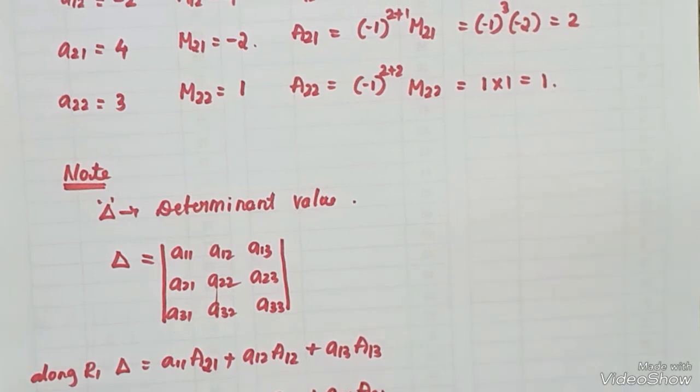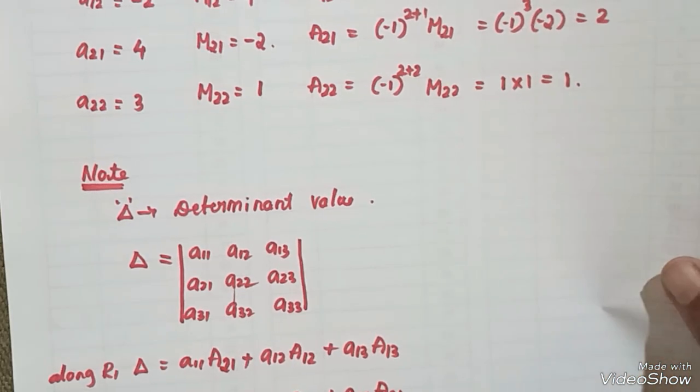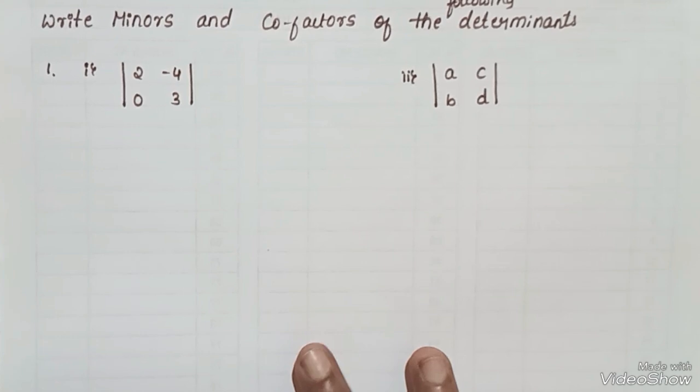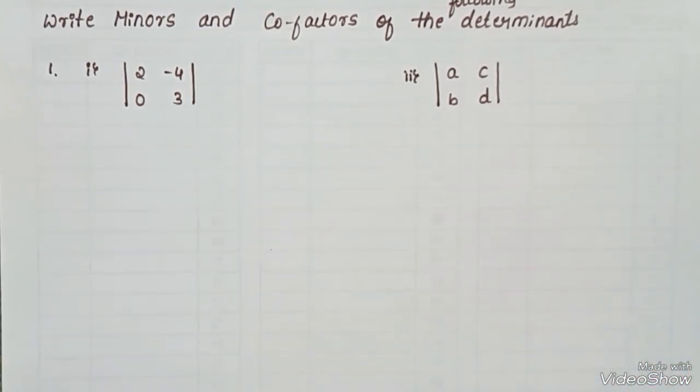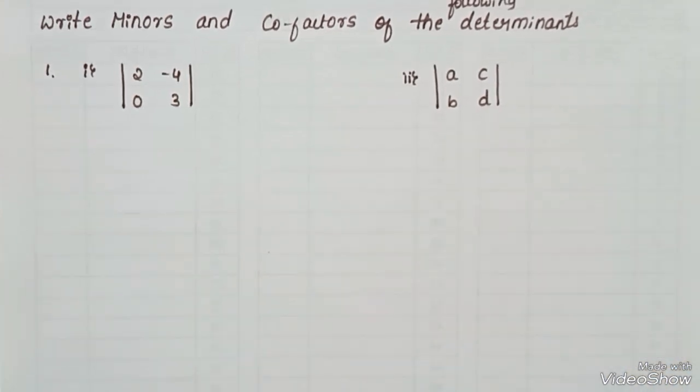This is the delta value, and this is also one of the important remarks and note points. Here there is an exercise problem: write minors and cofactors of an element. Here there is one shortcut method.